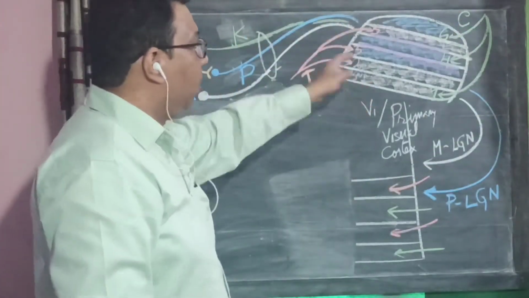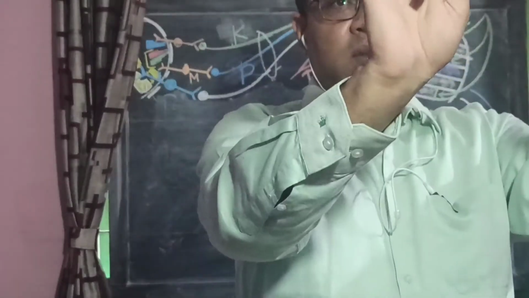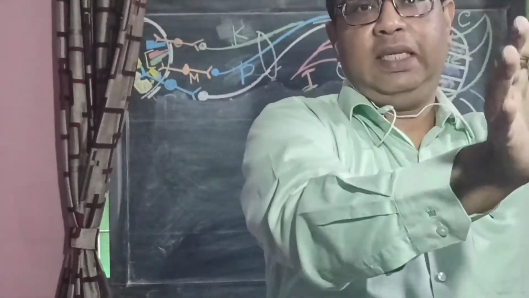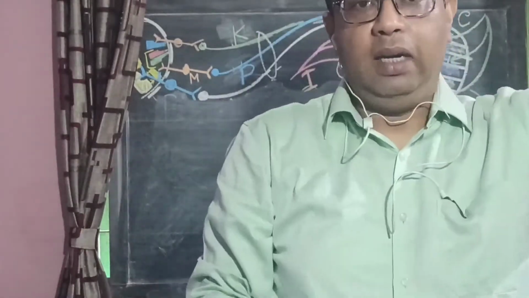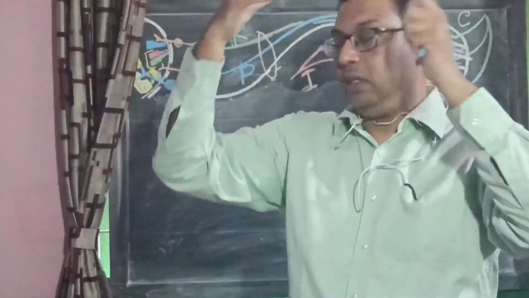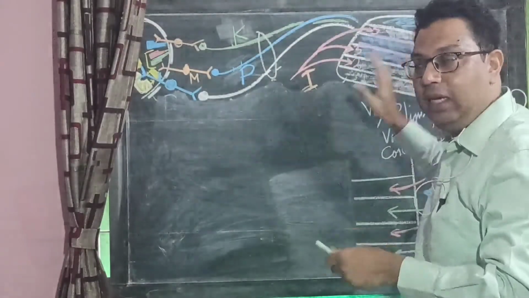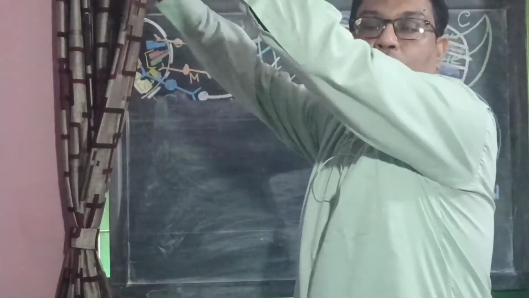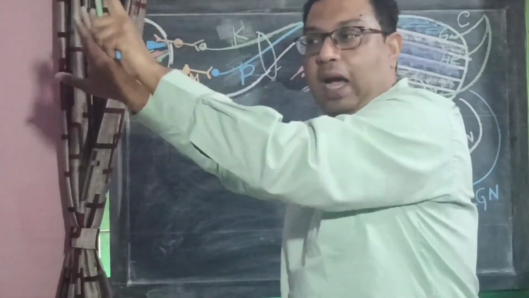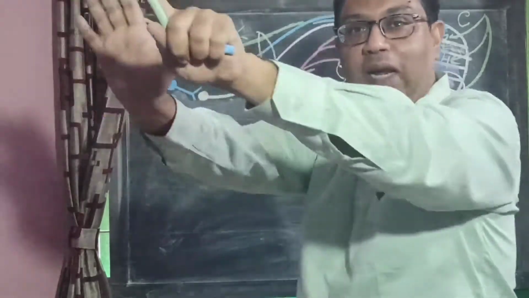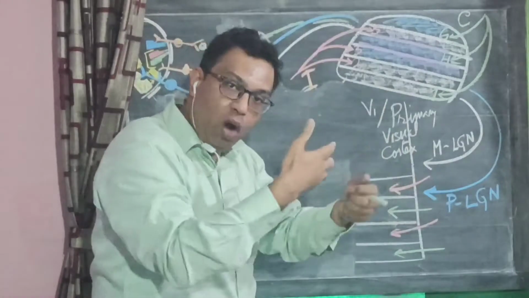So you see, the visual signal coming to one lateral geniculate body is coming from one hemispheric half of the visual world, either the right half or the left half, but even up to the lateral geniculate body, they do not mix.